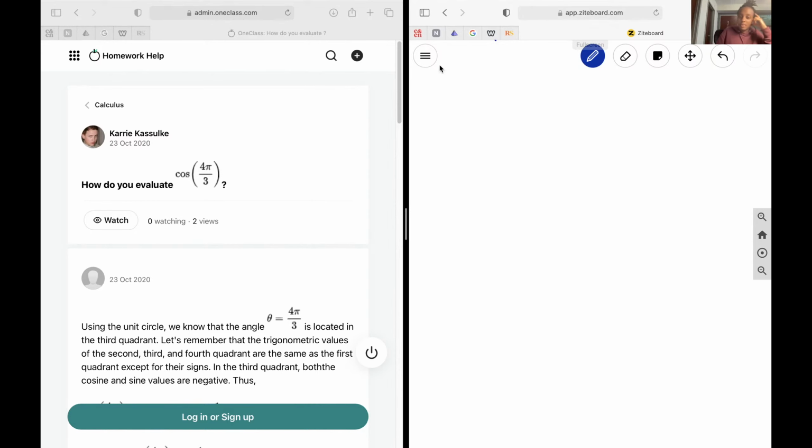Now for our second method, we'll be using the fact that cos of pi plus theta is equal to negative cos theta.